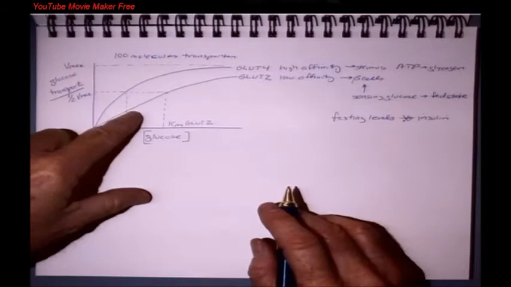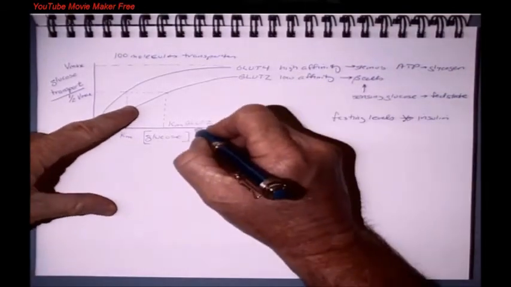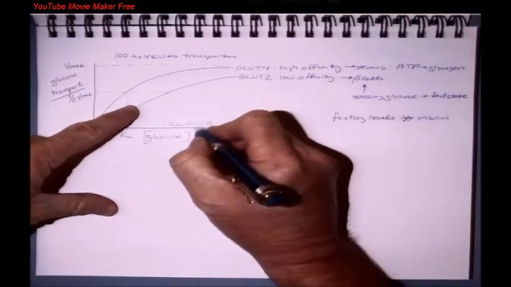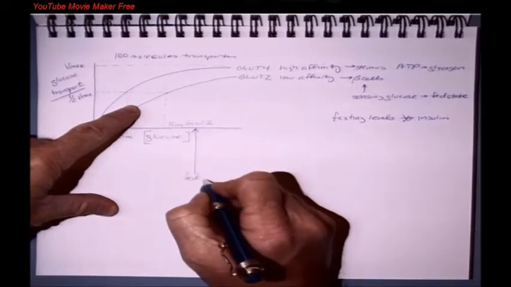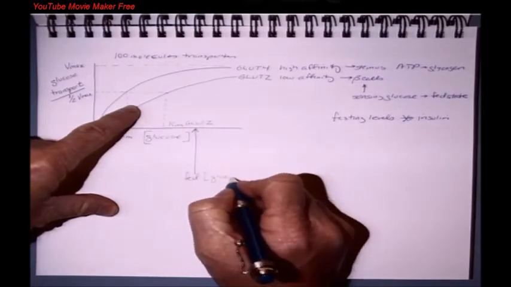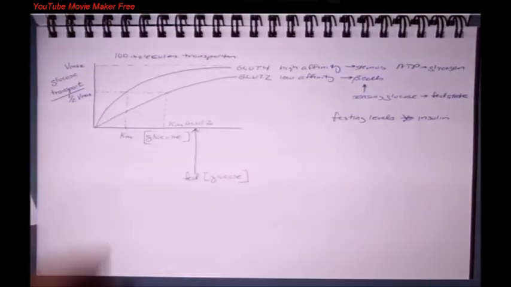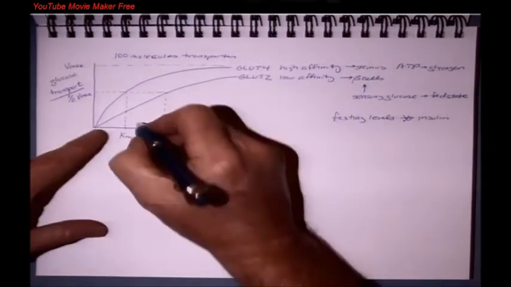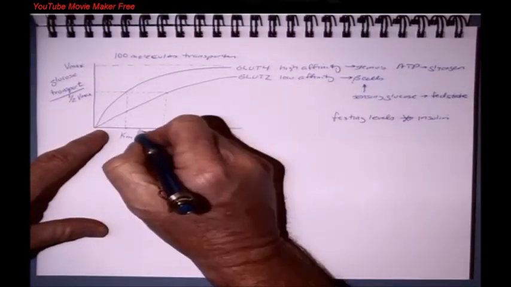So let's say that this is the fed glucose concentration. Let's say this is fasting here.